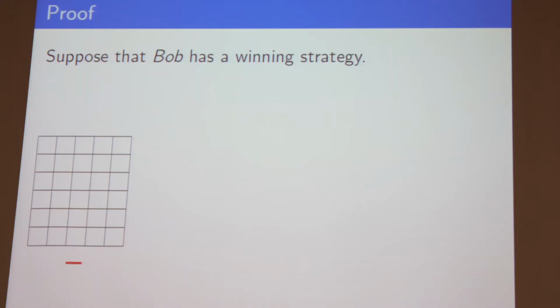So suppose, for the sake of contradiction, that it is Bob who has a winning strategy. You agree, the initial position is either plus or minus. Either the first player has a winning strategy or the second player does.